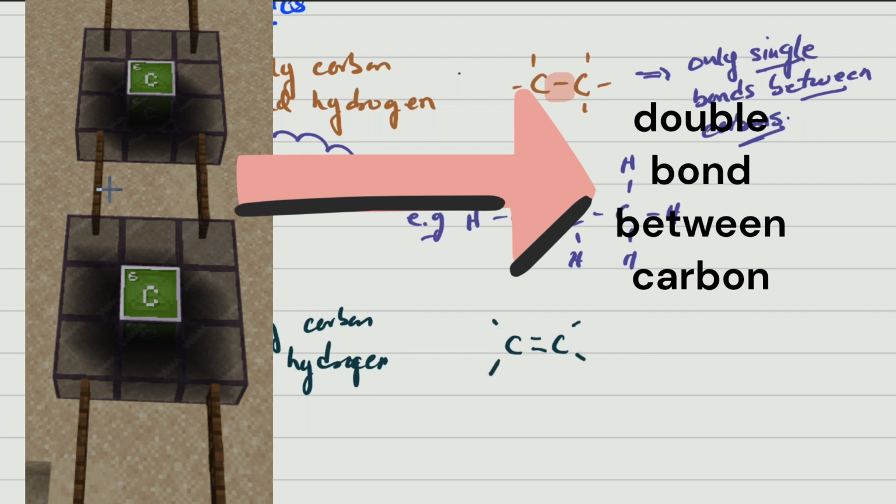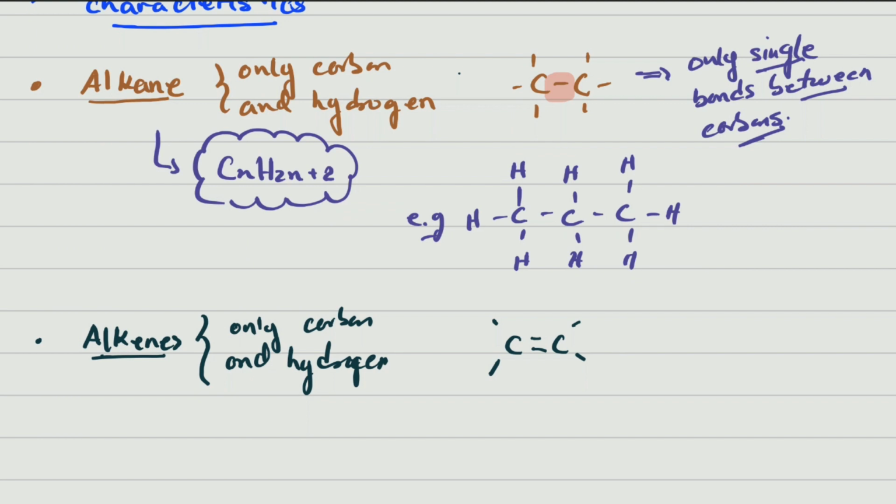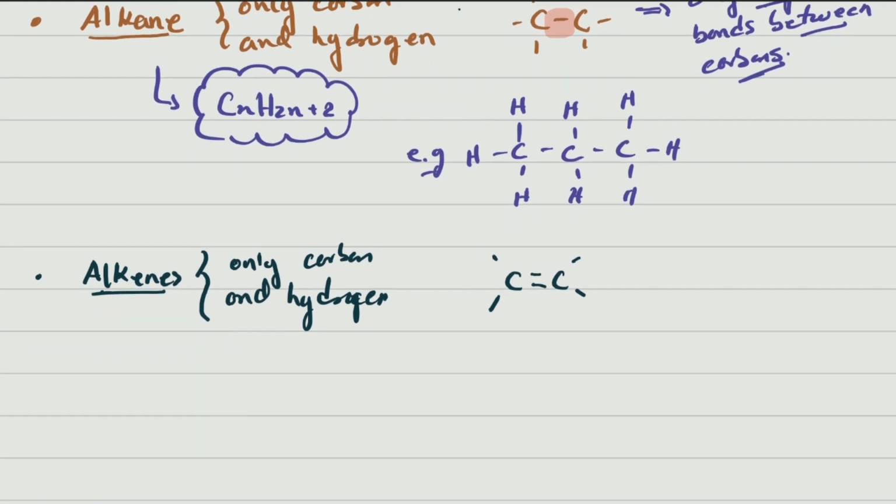We already spoke about alkenes just now. What is the general formula for alkenes? All the alkenes will follow CnH2n. This is the general formula for alkenes, so all the alkenes will follow that general formula.